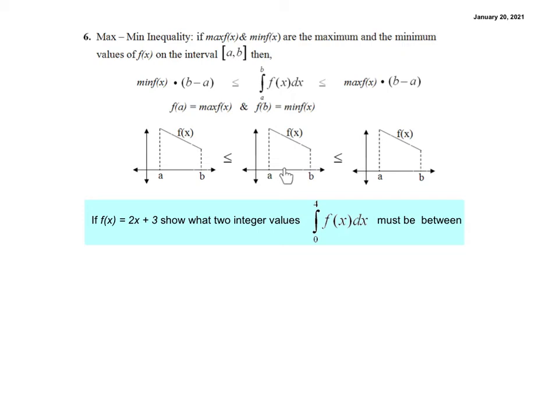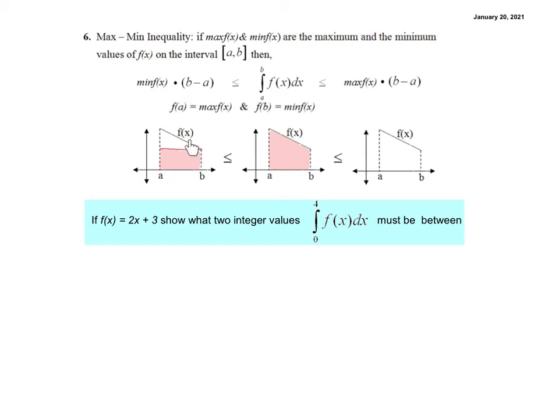So let's take a look at how that works and why it works. The integral from a to b of f of x dx is going to be the area under the curve and above the x-axis, this colored area here. Well, I know that this area is going to be greater than or equal to the minimum value times b minus a, which is represented by this area here.